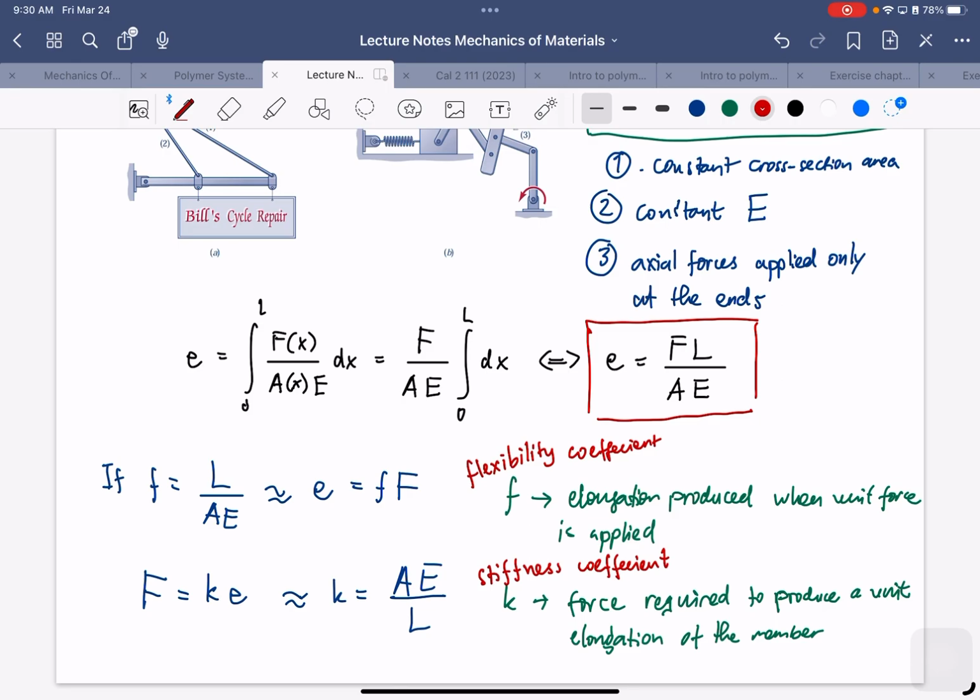And this flexibility means how the member gets stretched or elongated with this force. And how do we multiply that force to make some elongation? So it's basically the same. Okay, the key is just this delta is F L over A E. You will see a lot of this later in the exercise.